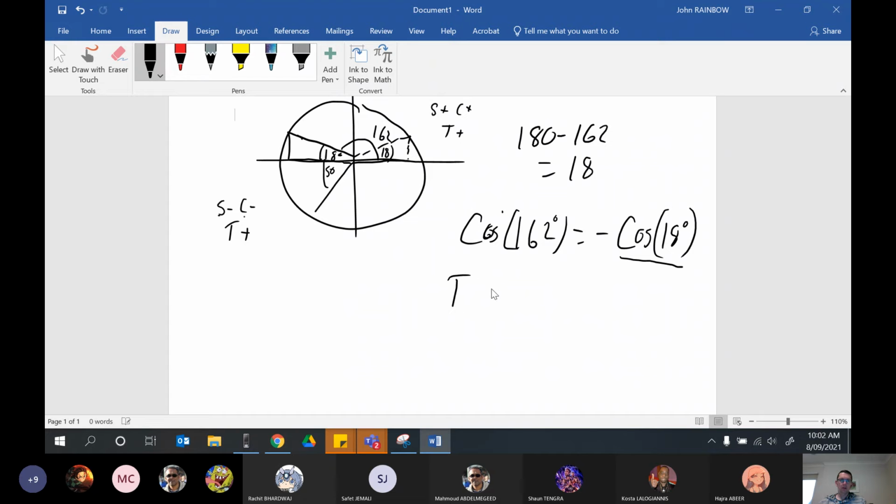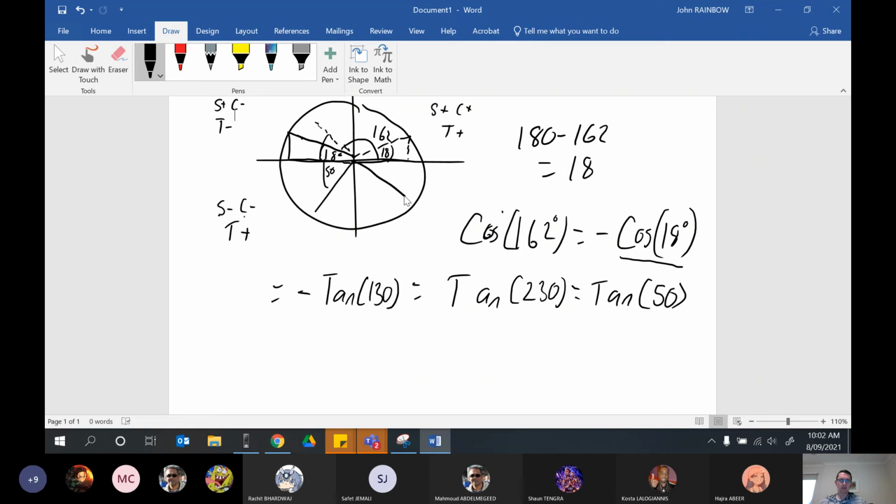So I know that tan 230, which is 180 plus 50, is going to be equal to tan 50. Alternatively, we could also make a few of these. If you had 50 degrees in here, I know that sine is going to be positive, but cos is going to be negative. So positive divided by negative, tan is going to be negative. If I made 50 degrees off that, that's going to be 180 minus 50, which is tan 130. But I know that's going to be negative, so to keep this positive, that needs to have a negative in front, because that's going to give me a negative. With the negative, make it positive.